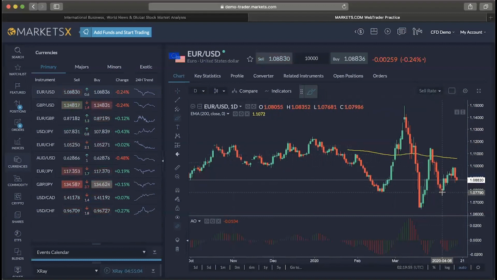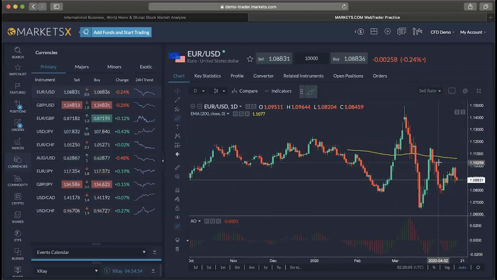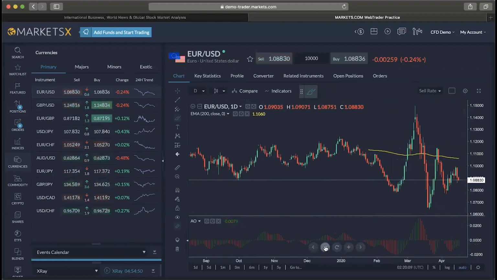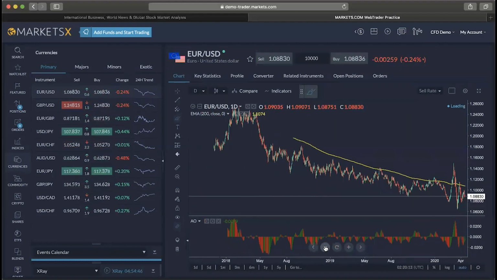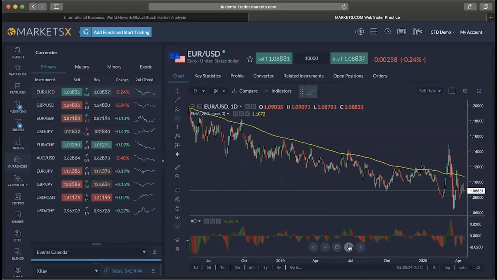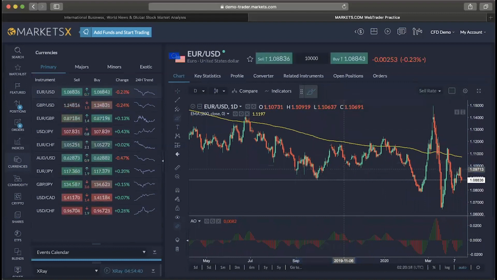Now, again, if the market rallies back up to this 200 EMA, we get a push off here with a red bar to the downside, then it would be an opportunity, in my view, to get short. And of course, if we were to scrunch our chart up here, what we will see is that 200 EMA consistently, time and time again, when we go back through the market and have a look and see where we've been.